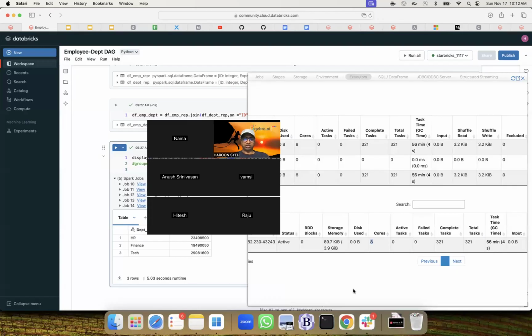Correct. And if one node finishes its tasks, it can pick up the next task in the queue for that node. It doesn't have to be for the same job. So when it's freed up, it can pick up anything. Yes.